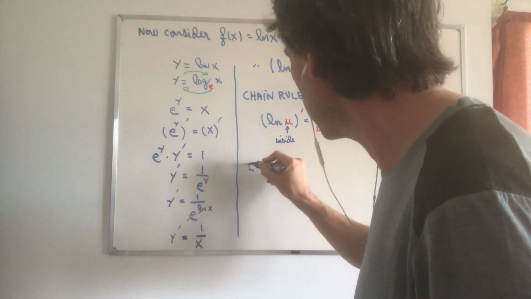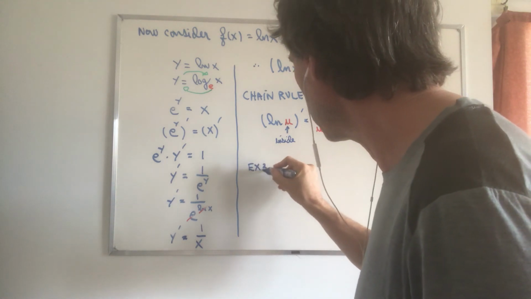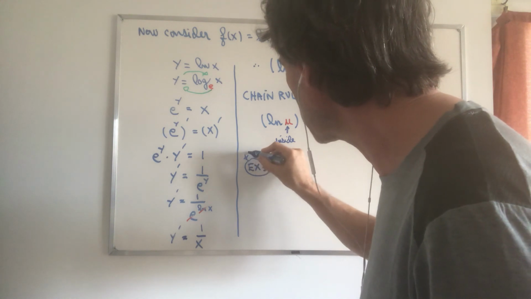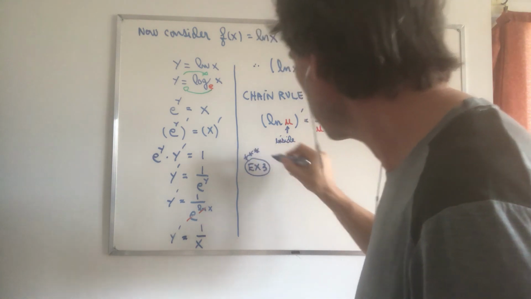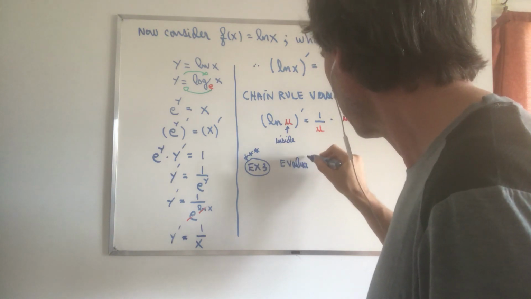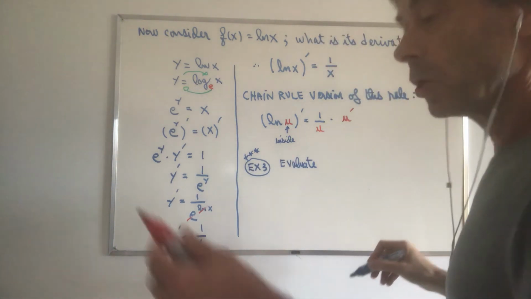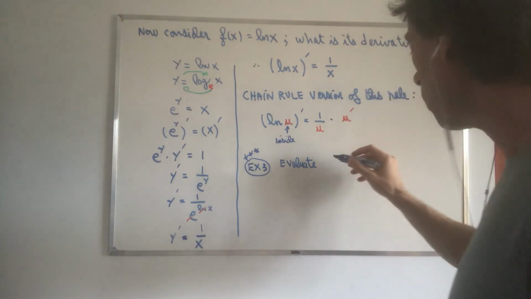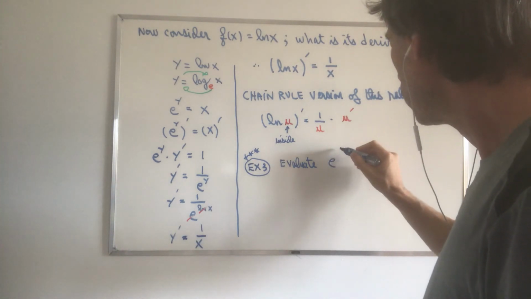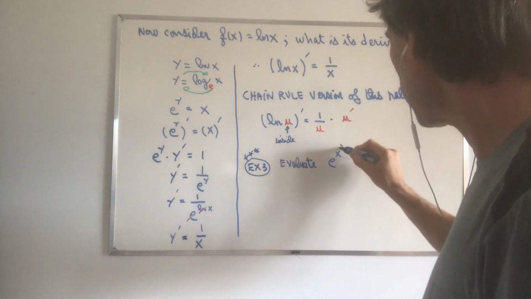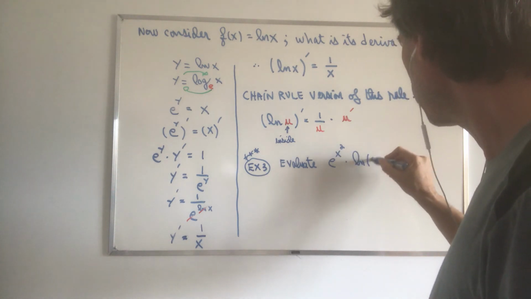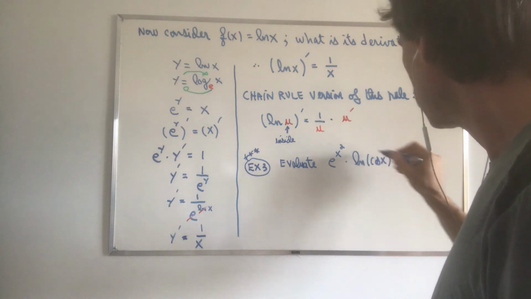Let us see if I can make those come alive together in example 3. Evaluate. Let's derive e to the x squared times the ln of cos x.